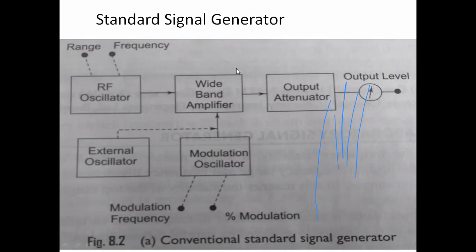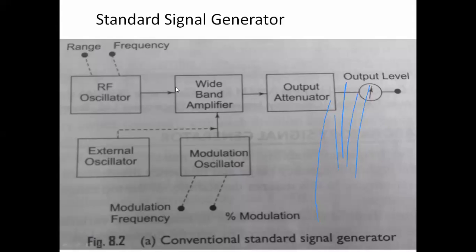Generally this RF oscillator produces a very high frequency. Suppose any loading effect occurs at the output side. When the loading effect occurs, it draws more current, and in such a situation there is an effect on the frequency of the RF oscillator. To eliminate the loading effect, we have to isolate the RF oscillator from the remaining circuit.